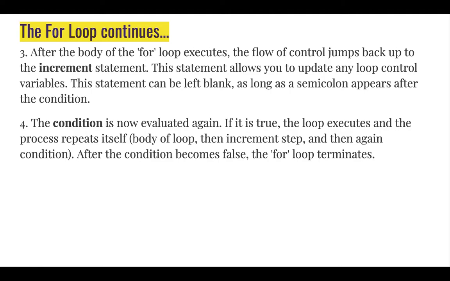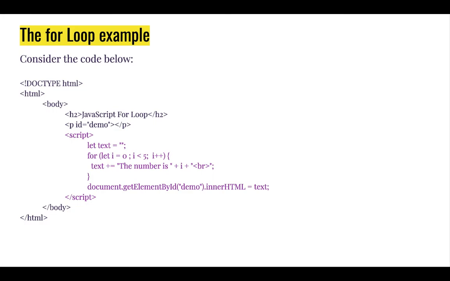This statement can be left blank as long as a semicolon appears after the condition. The condition is now evaluated again. If it is true, the loop executes and the process repeats itself. Let's look at an example to understand what we're saying.